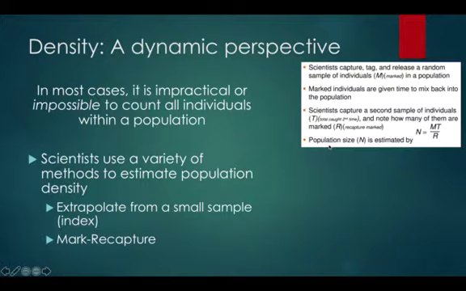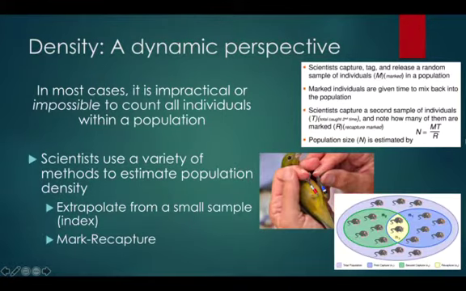The population size N is estimated by the marked individuals times the total captured the second time, divided by the number of recaptures, N = (M × T) / R, and that gives you a population size estimate.